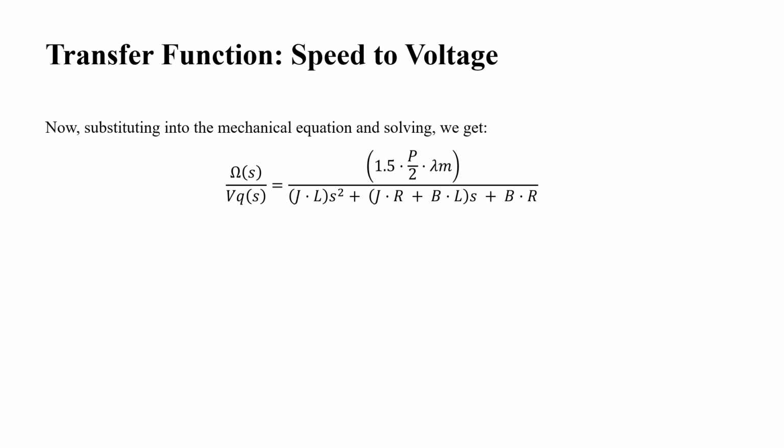So omega over Vq, as a function of S, equals 1.5 times the torque equation term with respect to this one. This is a second order function, because the highest order with respect to S is S square. That's why it is second order, and it is related to the q axis, not the d axis.